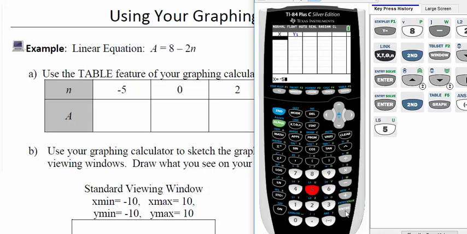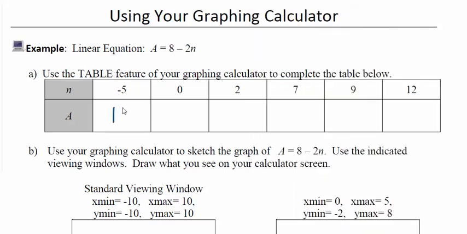I'll press enter, and notice as soon as I pressed enter, it plugged in the value of -5 for N and automatically gave me the A value, which it's labeling as Y1, and that turns out to be 18. So that number would go right here. Plugging -5 in for N, the calculator is saying the value of A would be 18.